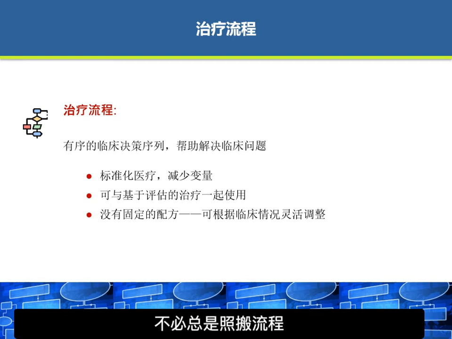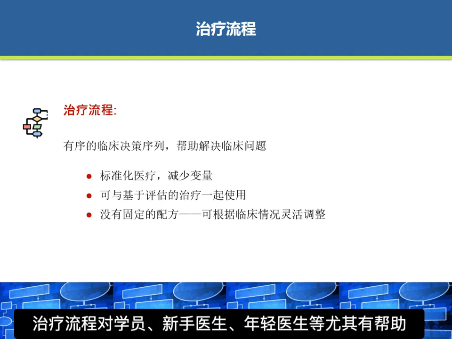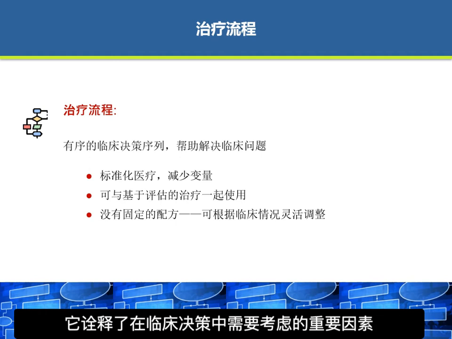So you don't have to follow the algorithms if the patient in front of you has differences that make you select different treatments. These treatment algorithms are particularly helpful for trainees, residents, and junior doctors to illustrate the important factors to consider in clinical decisions.